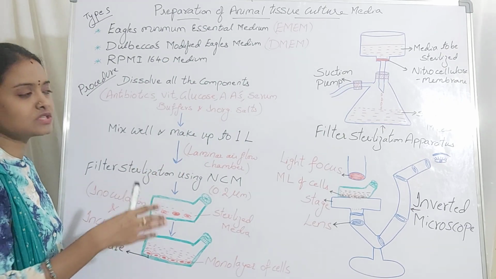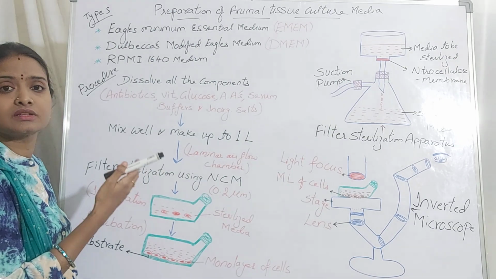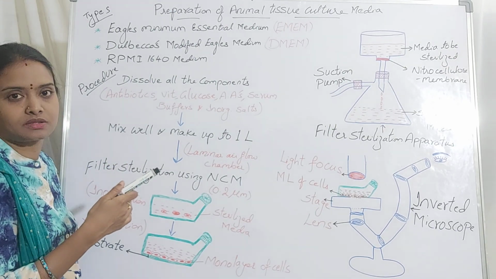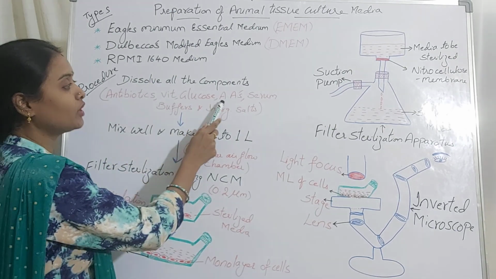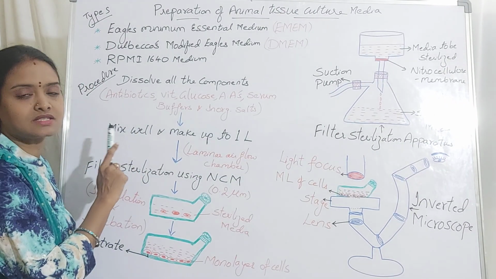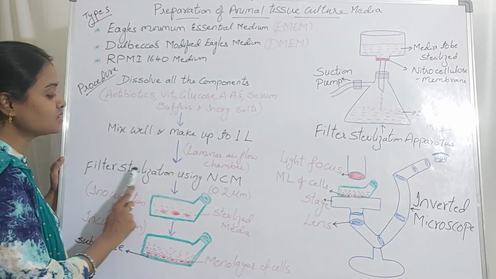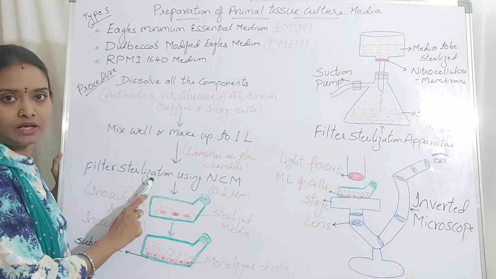That means when you subject them to high temperatures, the proteins or substances will get denatured, right? So in order to avoid denaturation, we are not going to use any heat sterilization process. Instead we are going to use a filter sterilization apparatus, right?